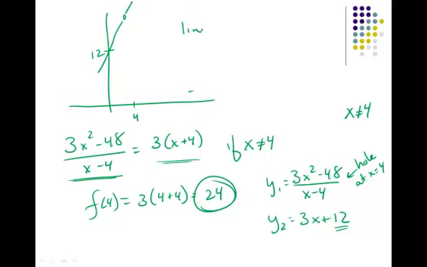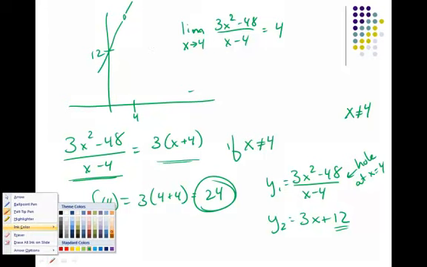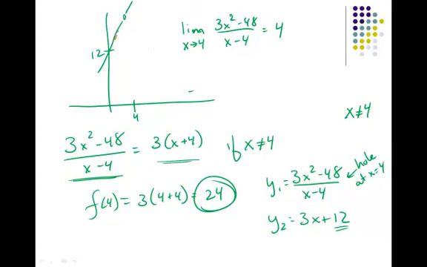However, the limit as x approaches 4 of that original function does equal 24. So graphically, if we look at it, we can see that as we come towards 4 from the left or from the right, we are approaching the value of 24, and that is my limit.